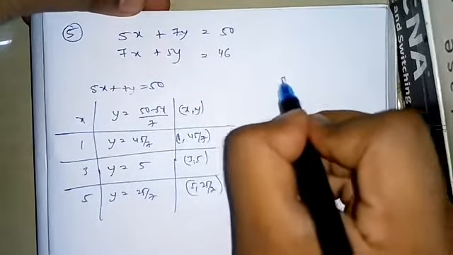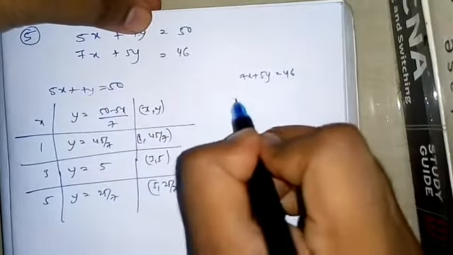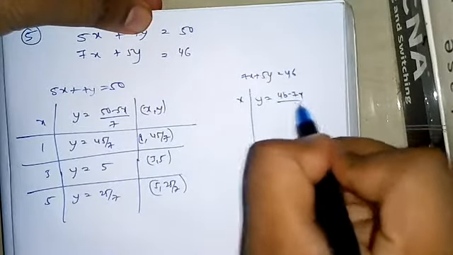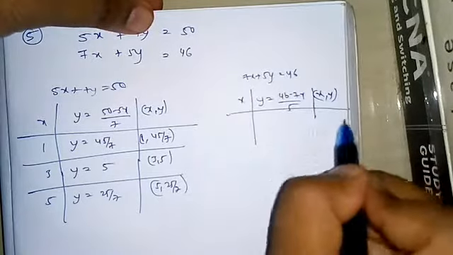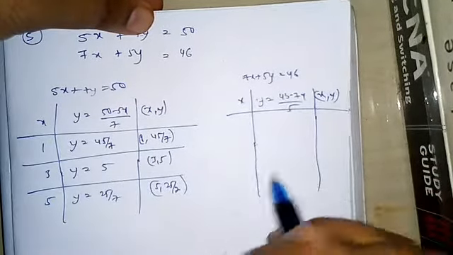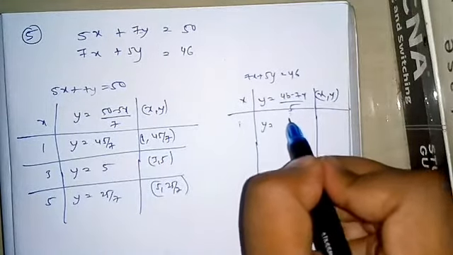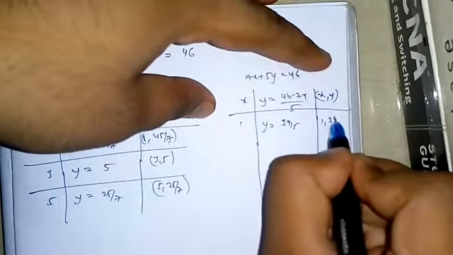Now for the second equation, 7x plus 5y is equal to 46. Y will be equal to 46 minus 7x by 5. X comma y. So for x equal to 1, y will be 46 minus 7 is 39 by 5, 1 comma 39 by 5.